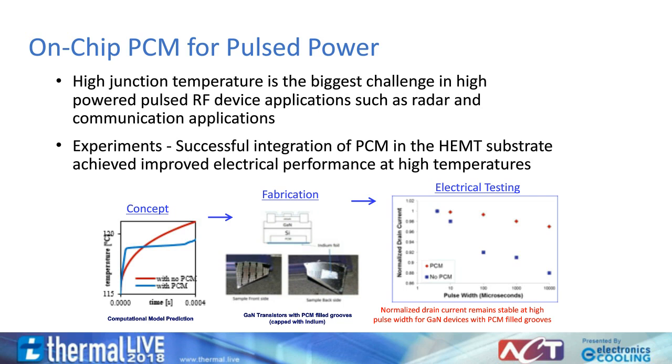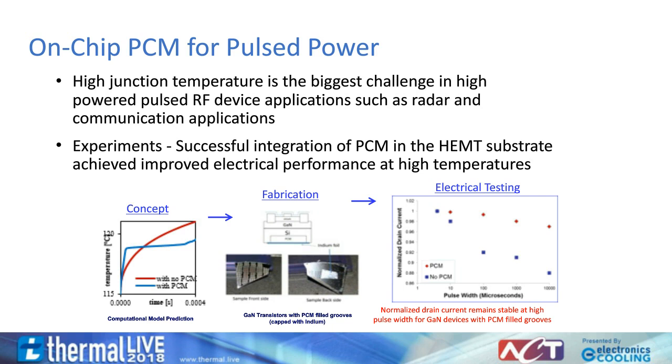The picture in the center is an application of this approach where the PCM is located within grooves that are sealed with an indium layer. The graph on the lower right plots the normalized drain current versus the pulsed width. You can see how the PCM provides a much more stable performance, especially at high pulsed widths.